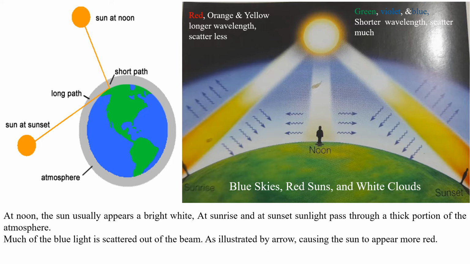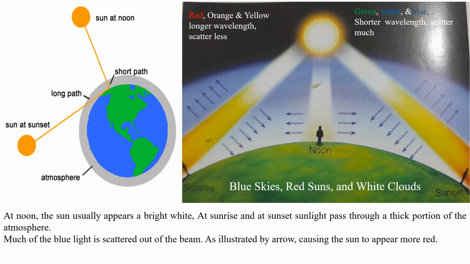Scattering of the light by air molecules and particles removes the shorter wavelength blue light from the beam and leaves the longer wavelengths of red, orange, and yellow to pass through the air. This situation often creates the image of a red sun at sunrise and sunset.